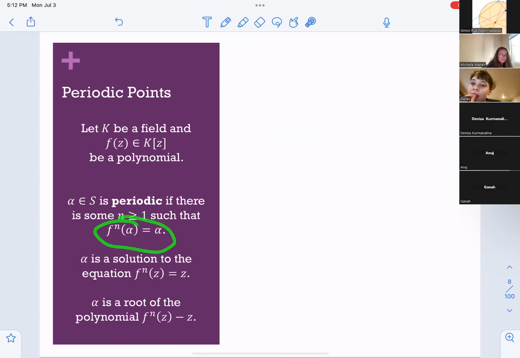And if I think about this, I can turn it into something a little more algebraic. What I can say is that point alpha, it's a number, it lives in my field. So it's a solution to an equation, or I can even think about it as a root of a polynomial. So for example, I've been using z, let me keep using z.